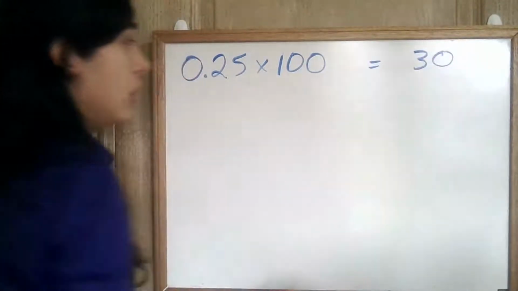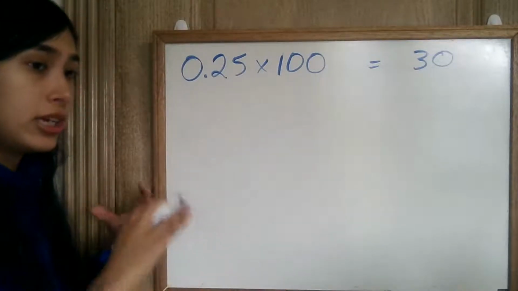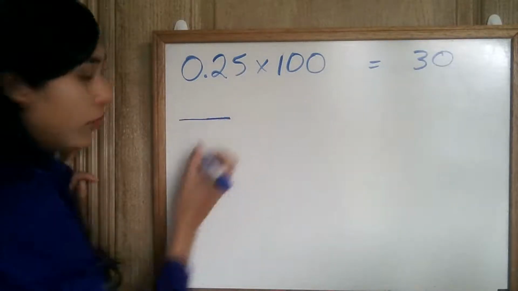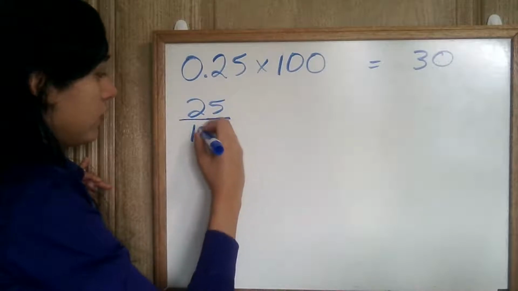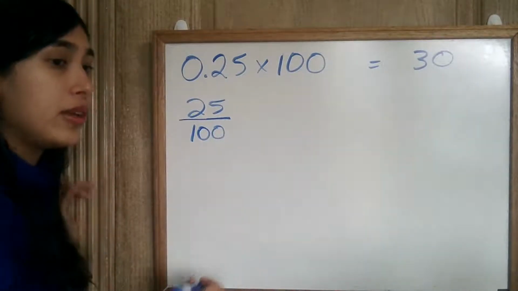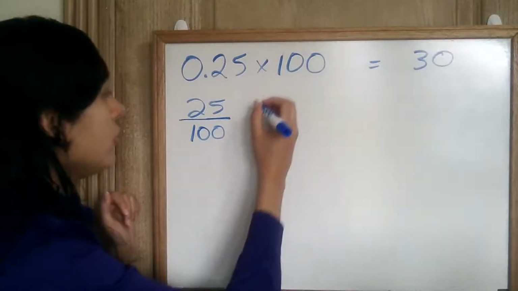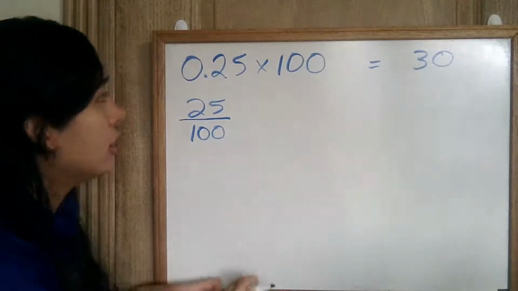30. In some calculators, you have an option of also typing in an actual fraction. You can write it as this, depending on what kind of calculator you have. Even on phones, you can do this. And you can multiply it by, I'm sorry, not 100.